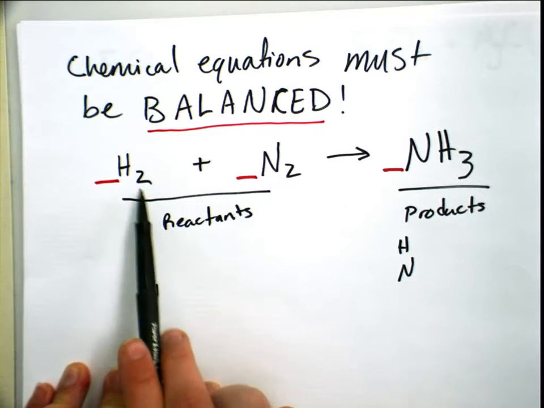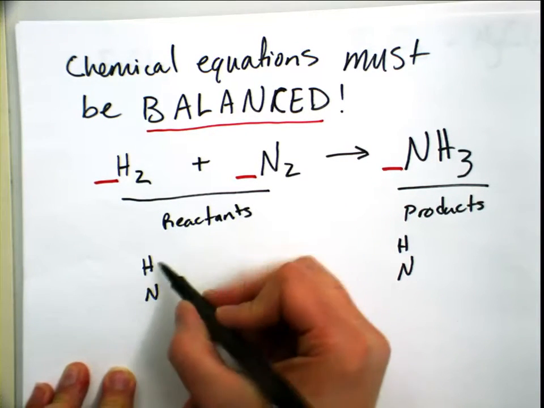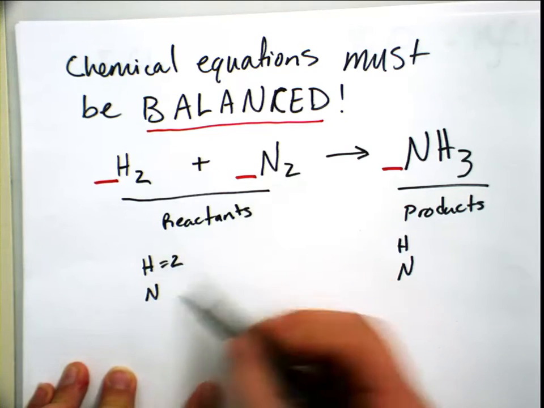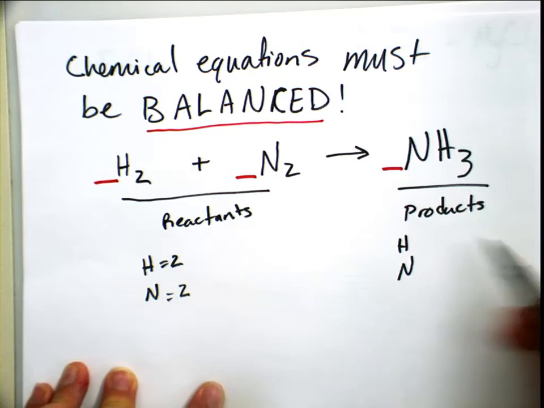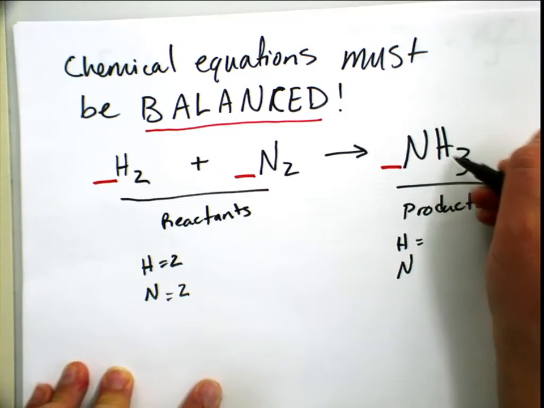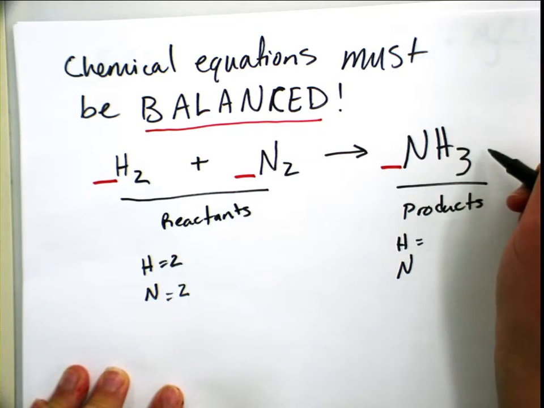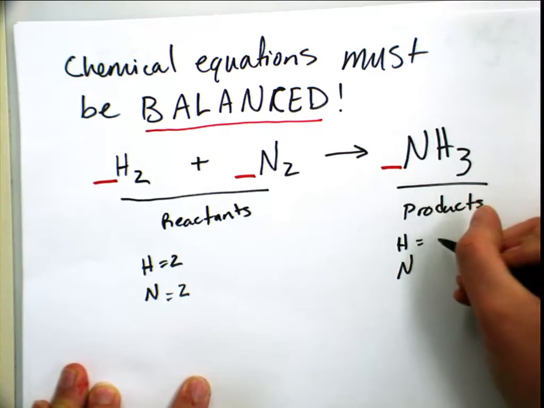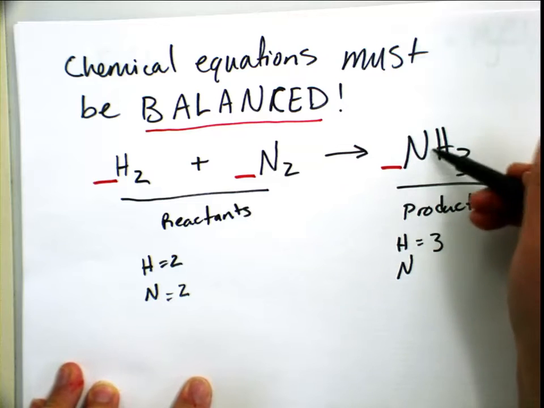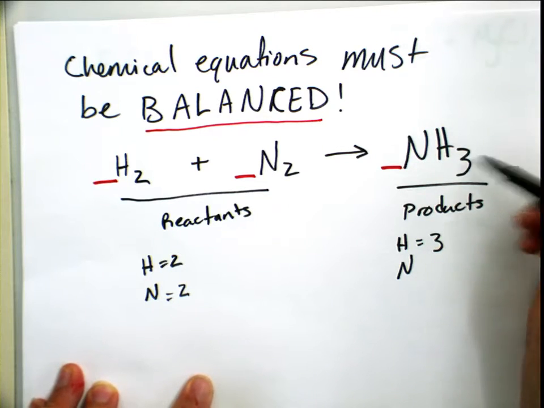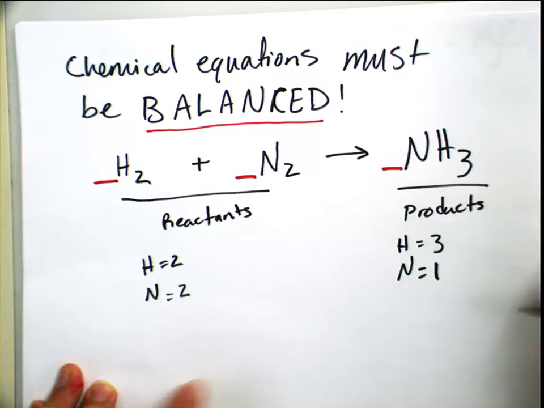Initially, we're starting with 2 atoms of hydrogen because of the subscript 2, and 2 atoms of nitrogen. On our product side, we have 3 atoms of hydrogen because of the subscript 3 behind hydrogen. And we have no subscript behind nitrogen. That implies just 1 atom of nitrogen on the product side.